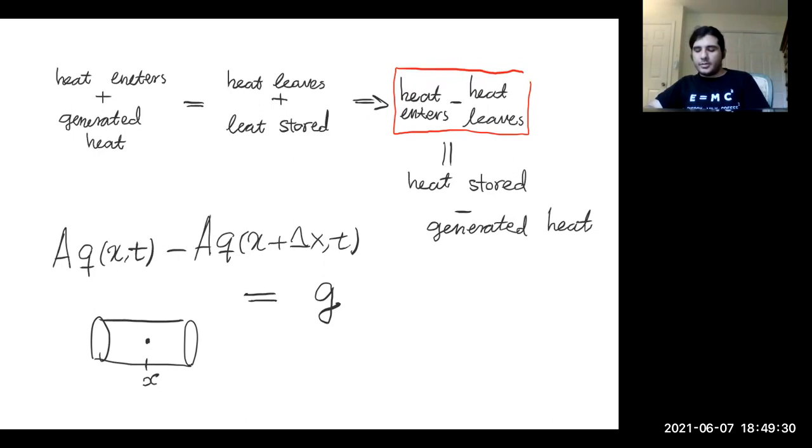But the volume of our region is A times delta X, right? The volume would be A times delta X. So it would be G, A, delta X, right? We should consider that with the negative side, actually. We have plus the heat stored.